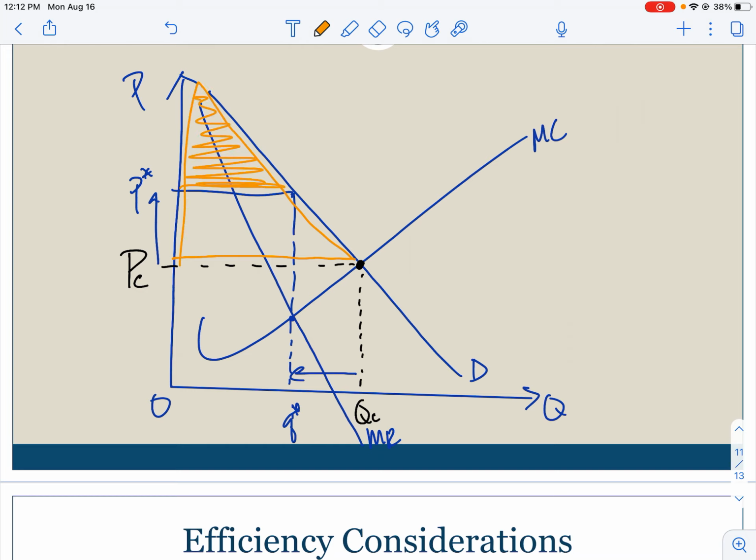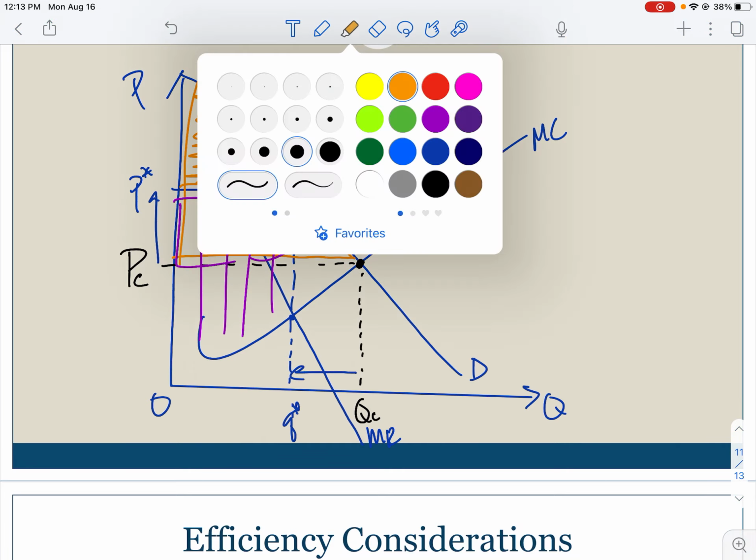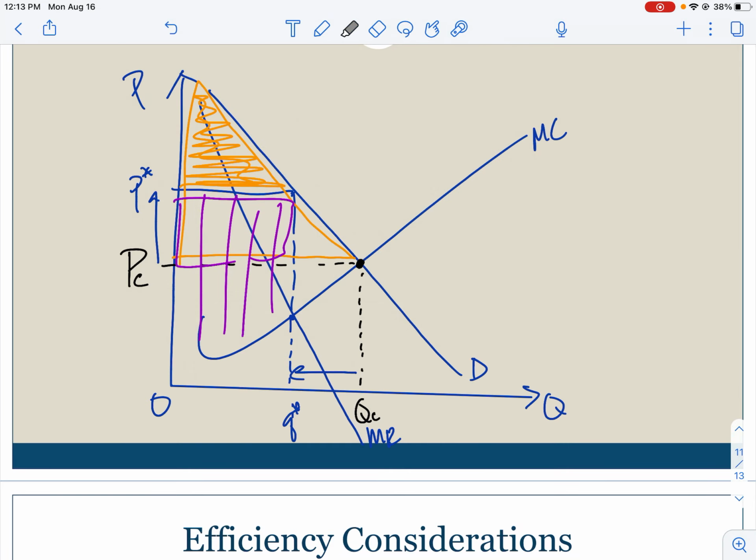Under monopoly, you only have this smaller amount of consumer surplus. The producer gets more. The producer then gets all of this area under here, including this rectangle that would have been consumer surplus in a competitive marketplace. But then, and here's the other problem, the reason we don't like it is because of this area right here, which represents a deadweight loss. Potential gains from trade that are not realized.